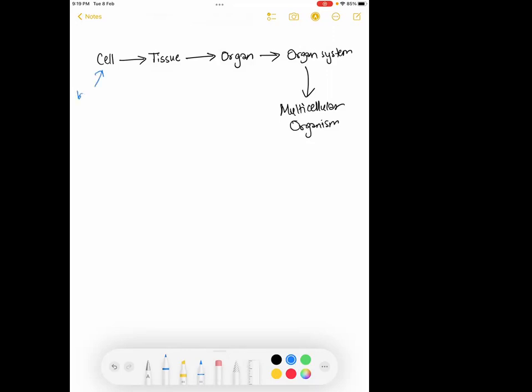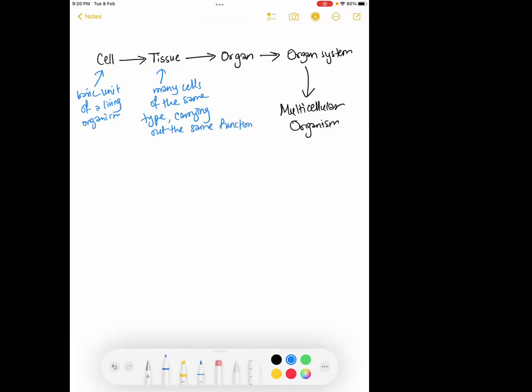So this one is the basic unit of a living organism. Many cells of the same type carrying out the same function is called a tissue, becomes a tissue.